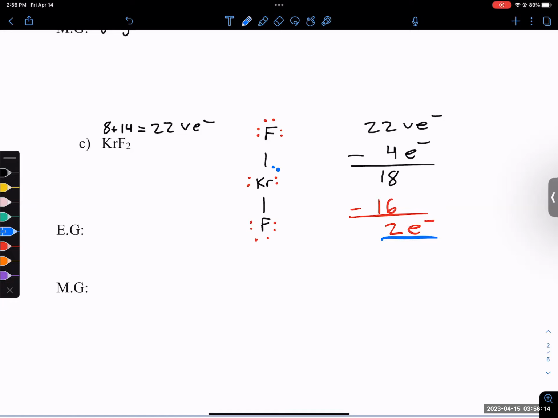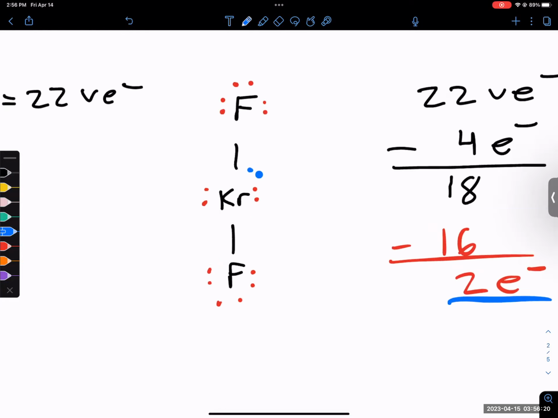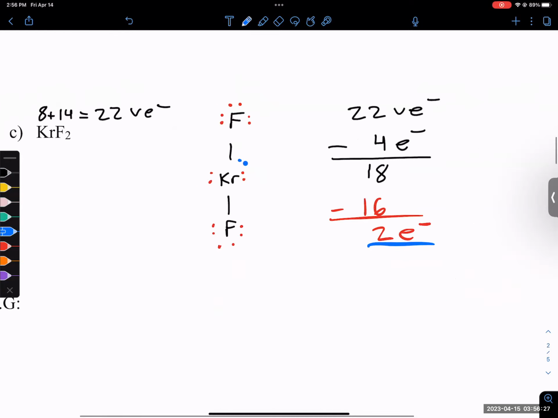So we clearly have how many electron regions around krypton, our central atom? 1, 2, 3, 4, 5. Yeah. So 5 electron regions. Which corresponds to an electron geometry of what?